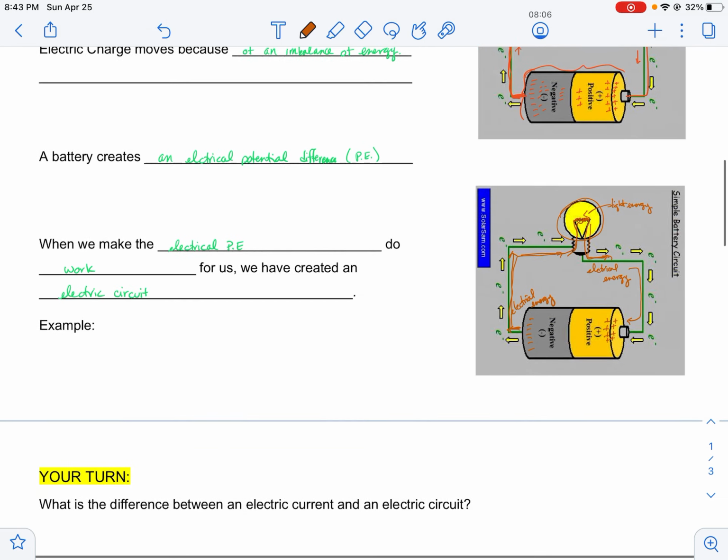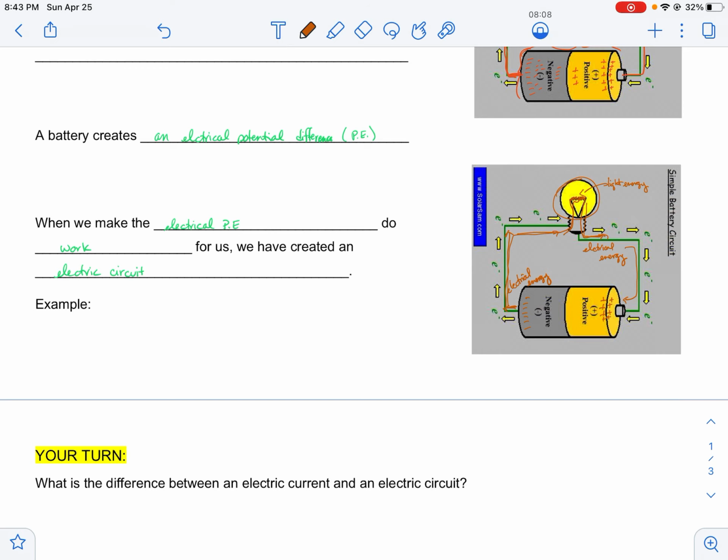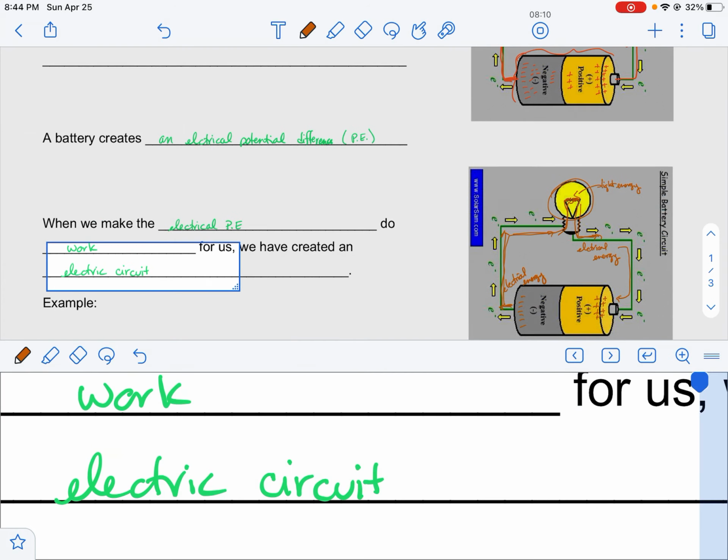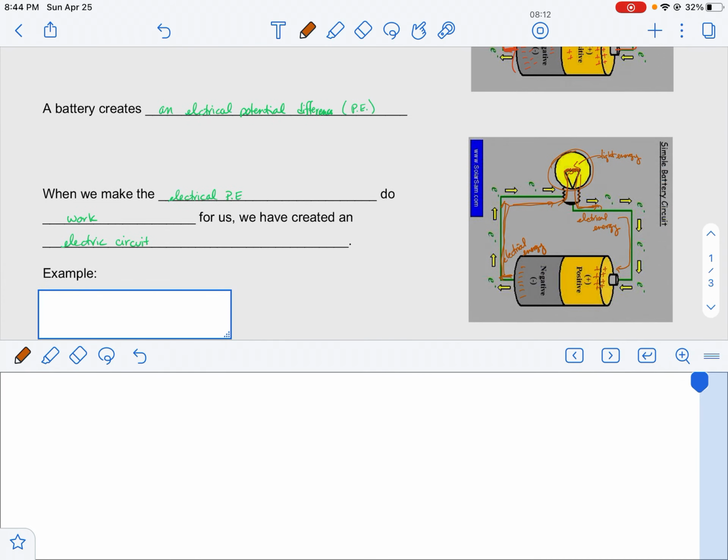All right, so let's summarize. Here's our example. And so what are we going to say?